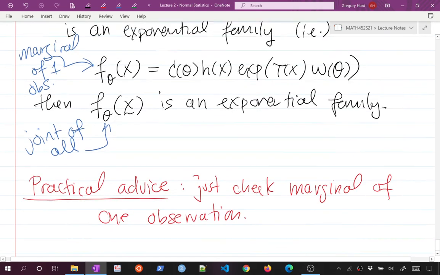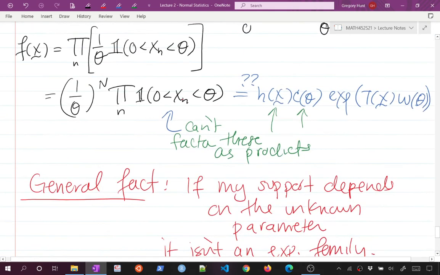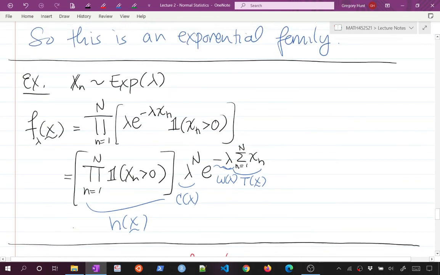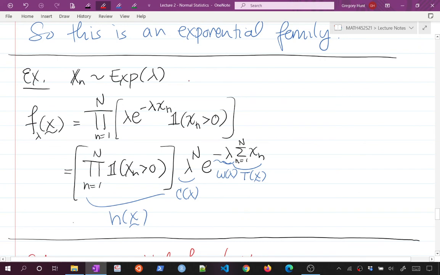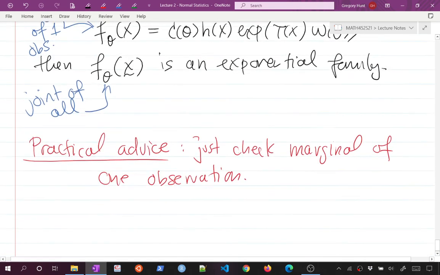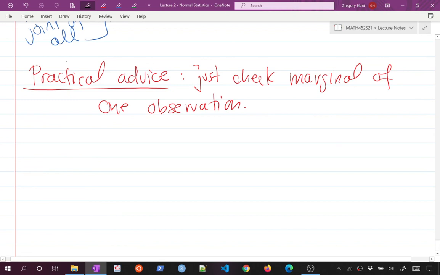Okay, right, so let's do an example, right? So I went up to this exponential distribution. I had to write this product, and it's product, and I had to think about it, right? I can just check one exponential. I can just say this. So let me write this as an example.